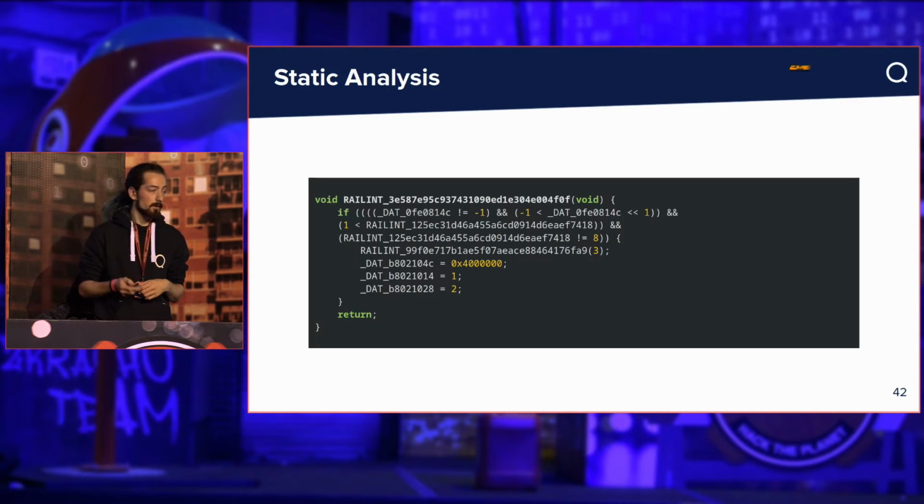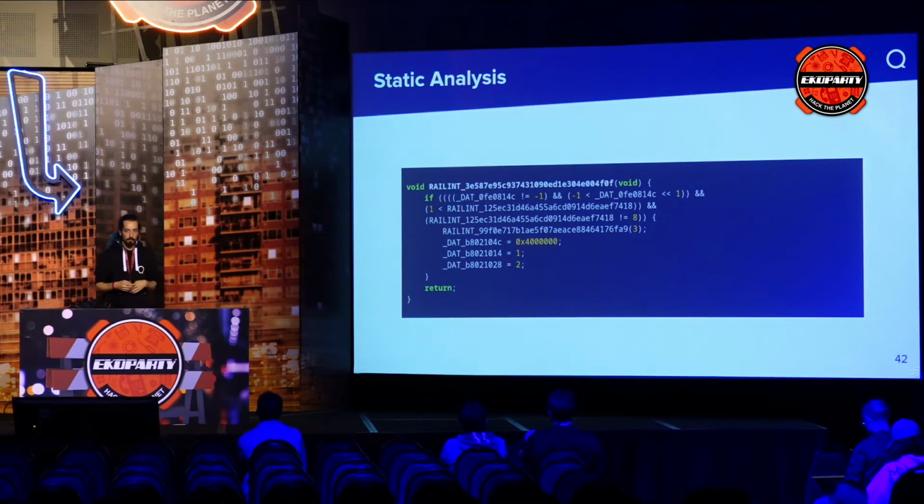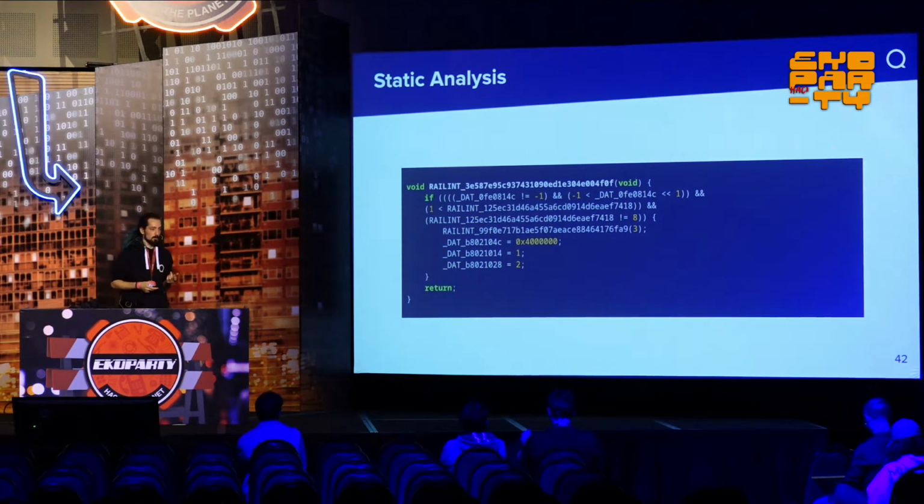So for the static part, here is an example of the code you get from the Ghidra decompiler when you open the library. It's a mess, let's be honest. Even telling the difference between the name of a function and the name of a variable is hard. And on top of that, there are some undocumented peripherals that you can see here that we don't know about.